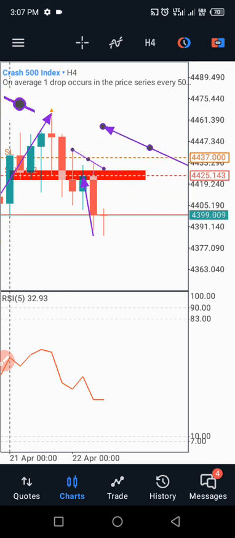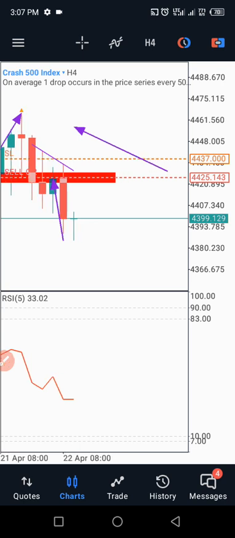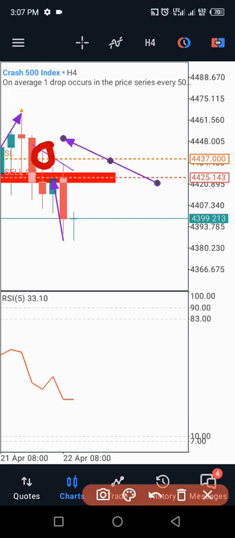Okay, that being said, we now note that this is like a zone, a trend line we want to mark out here. Okay, and then we can now go to the 15 minutes time frame to see if we can get a divergence. Okay, remember this is our low here, and then this is our lower low.